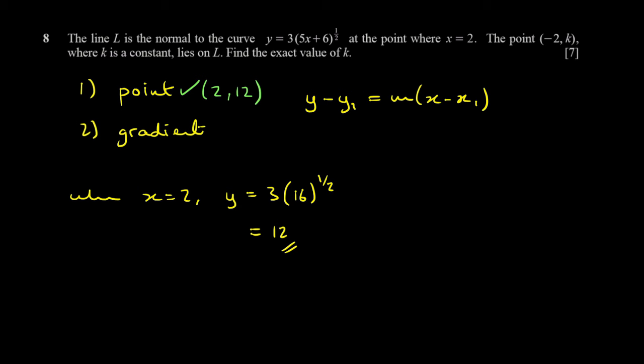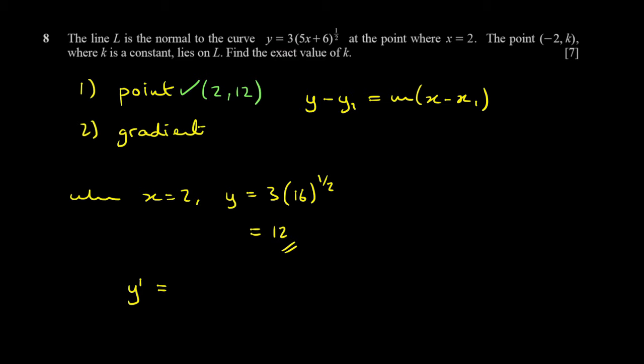So the second part, how do we get the gradient? To get the gradient of the normal, we need to first get the gradient of the tangent and then use the rule for perpendicular gradients. Now, how do we get the gradient of the tangent? We need to differentiate our function, and this is going to be a chain rule. I take the power of a half and bring it to the front.